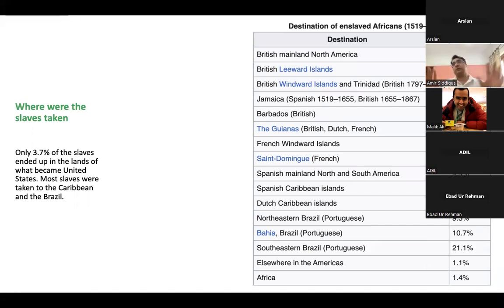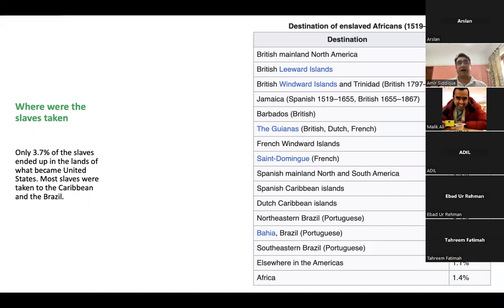Now, one important question that one can ask is why is it that much of the world was involved in slavery? The answer is very simple. It's because slavery was the cheapest form of labor. I don't know how many of you know this, but there was this philosophy around that time, 16th century, 17th century, 18th century, the philosophy of mercantilism.